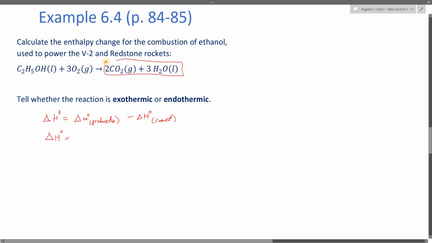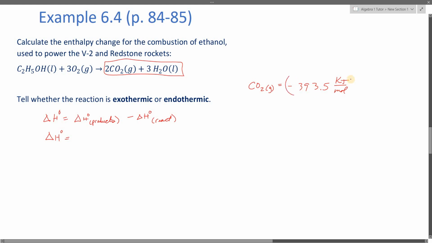Now if we look on the chart, we're going to see that carbon dioxide, CO2, in the gaseous form has an enthalpy of formation value. CO2 gaseous is, and I'm looking at it here, negative 393.5, and the units are very important, so kilojoules per mole.